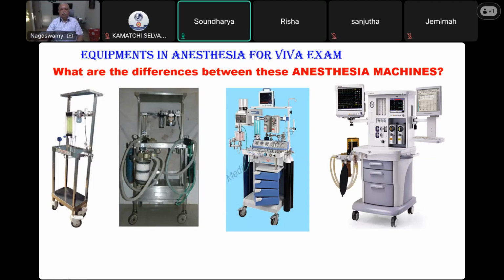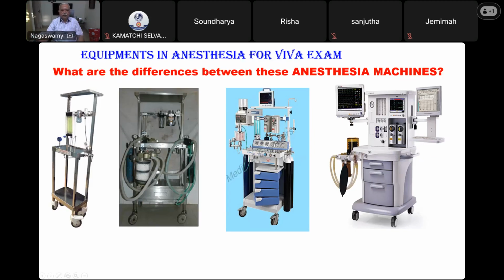Monitors, sir. They attach monitors, sir. Monitors are there, but that's optional. But more than the monitor, what is this I am pointing out? Bellows. You see here one, you see here one. Is it there in the first 2 pictures? This is the anesthesia ventilator.